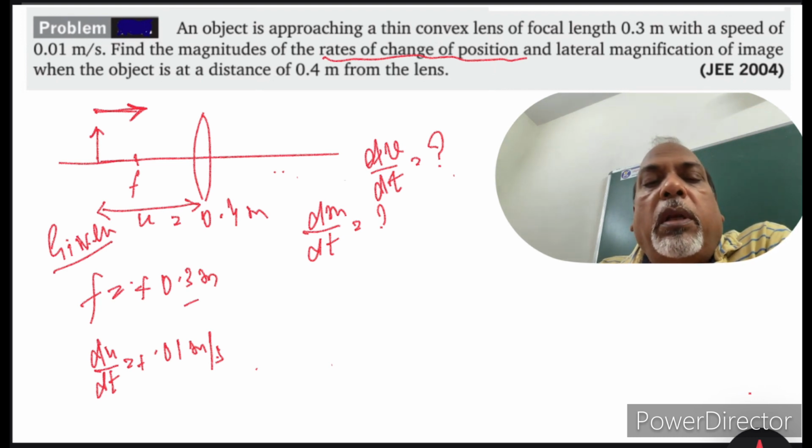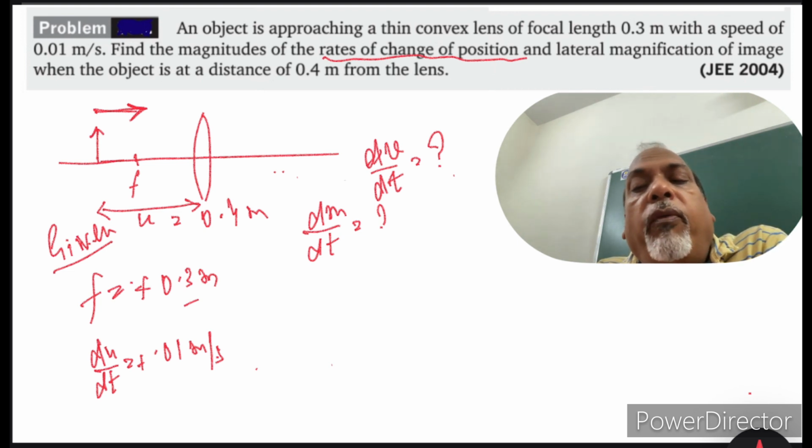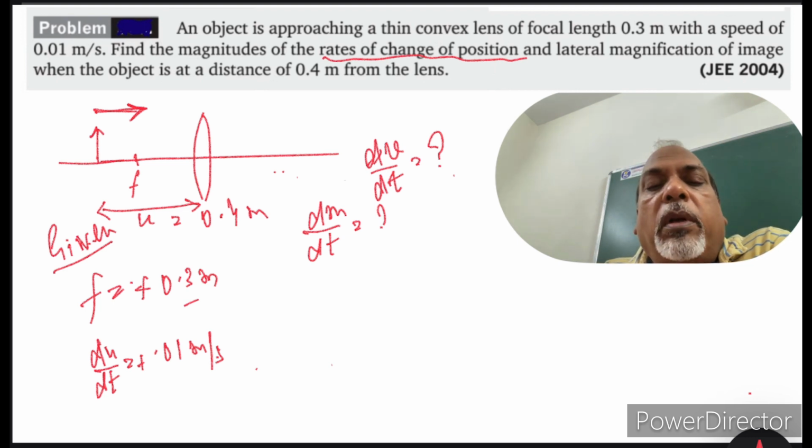First of all, let us find out v, because u, the distance of the object, is given. Let us find out at this instant where the image is formed, and that we can find out from this formula you already know.